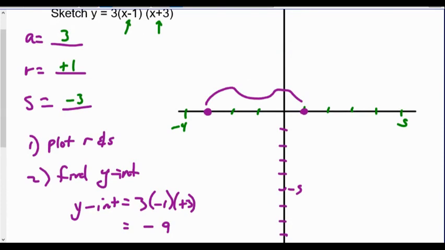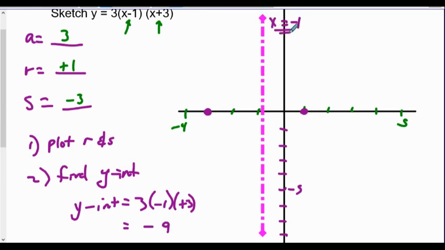I just counted that. They're 4 dots apart. So my axis of symmetry is right there. My axis of symmetry is x equals -1.